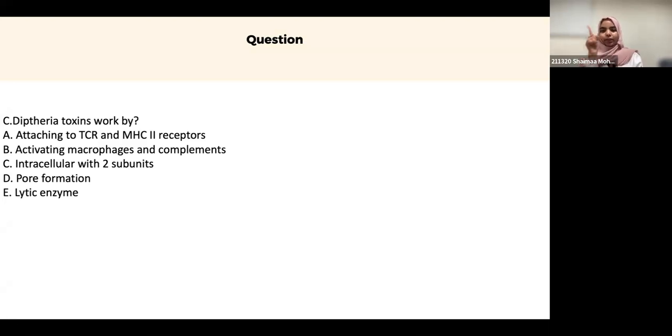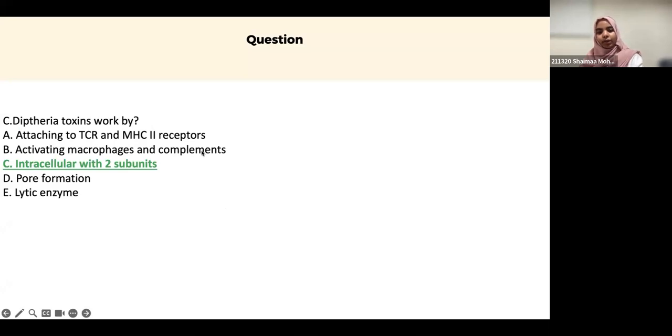So B binds the receptor and then endocytosis, and A attacks. Which one attaches to TCR and MHC2 receptors? Superantigen, Staph aureus.